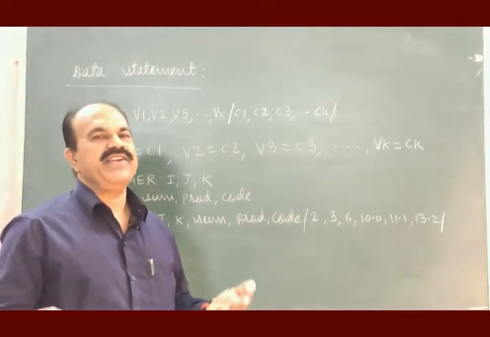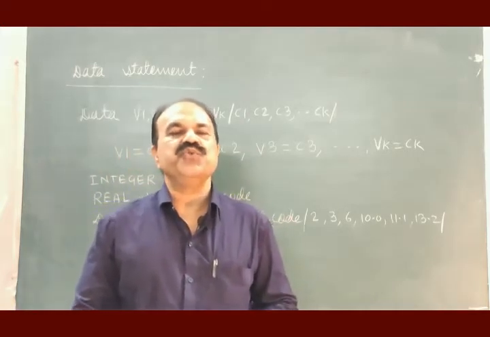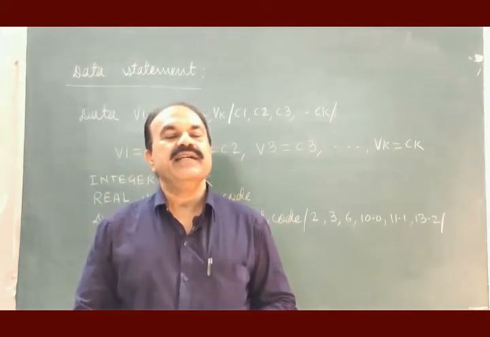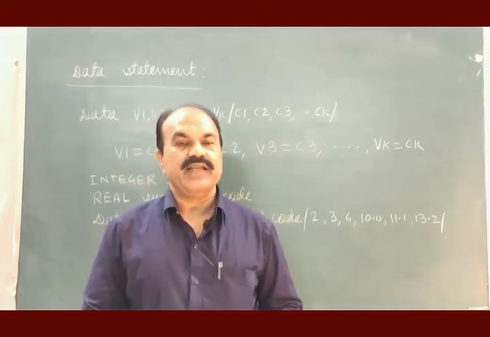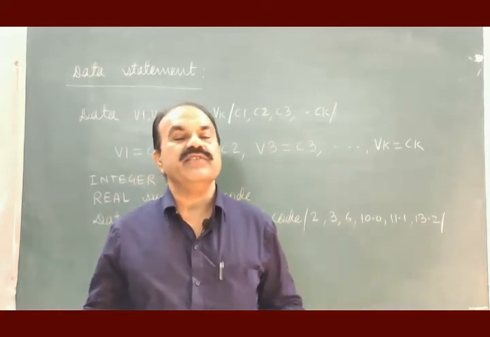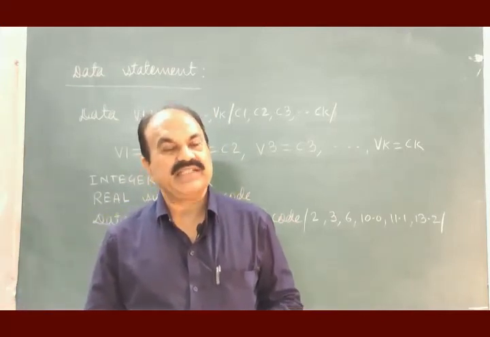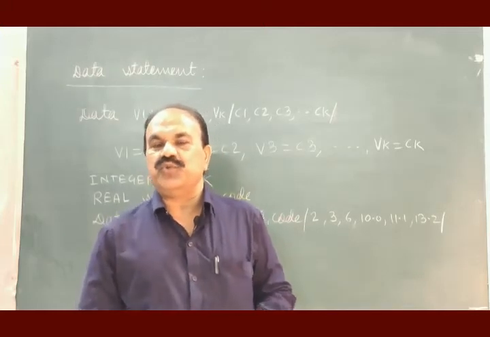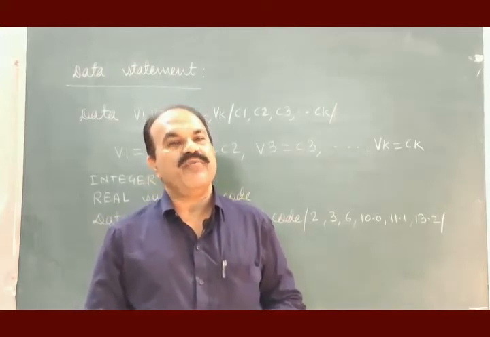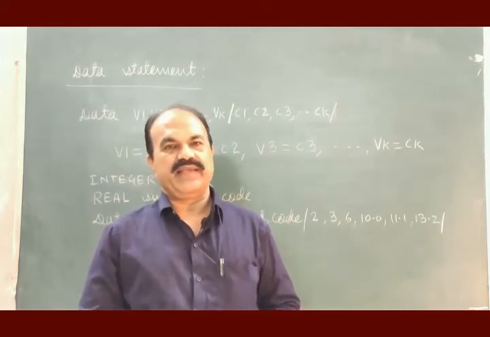The data statement is a non-executable statement. It is used to assign constants to variables. The number of variables will be equal to the number of constants in the statement. There should be a one-to-one correspondence with regard to the type of variables and the type of constants.